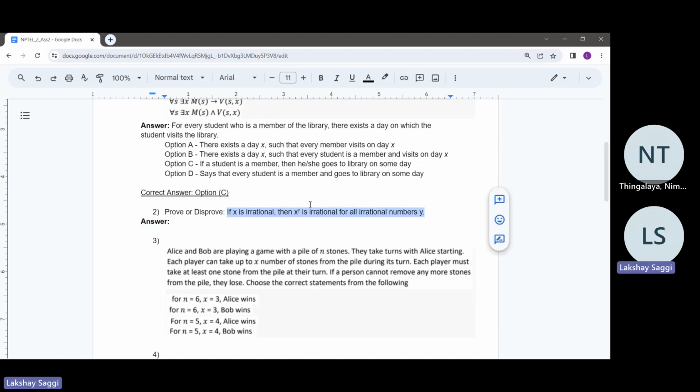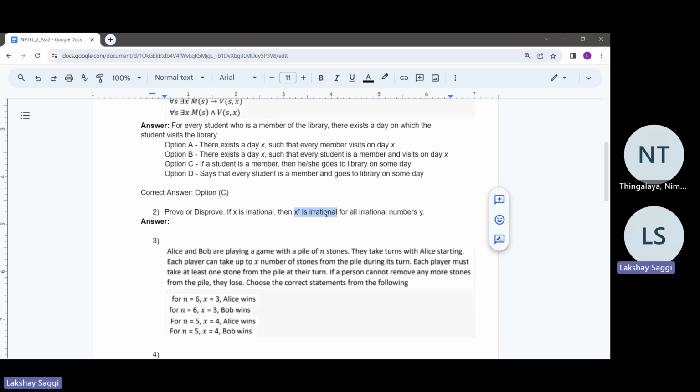So do you see this claim? So basically the claim here is that an irrational number raised to the power of another irrational number will always be irrational. So we want to either prove this fact that irrational raised to the power irrational is always irrational, or we want to disprove this fact.